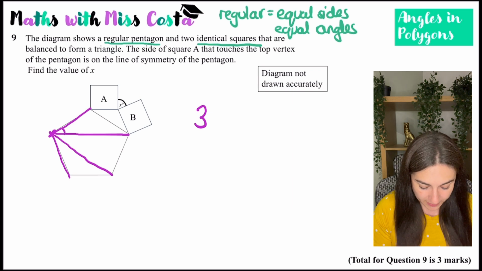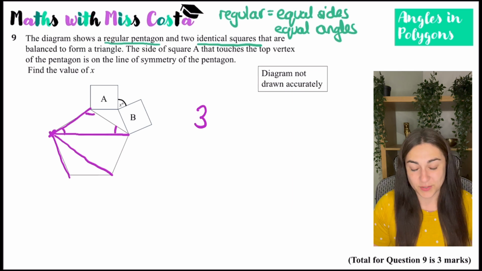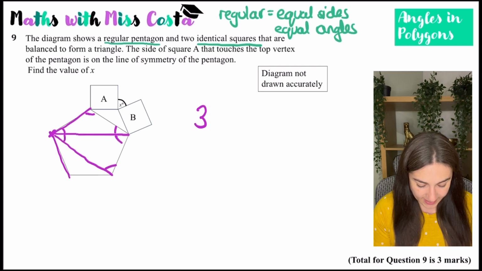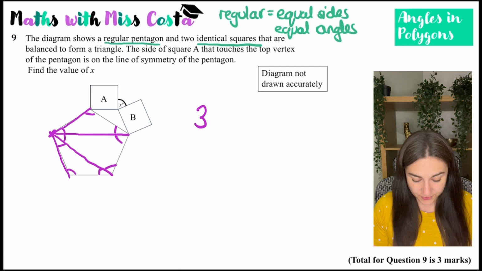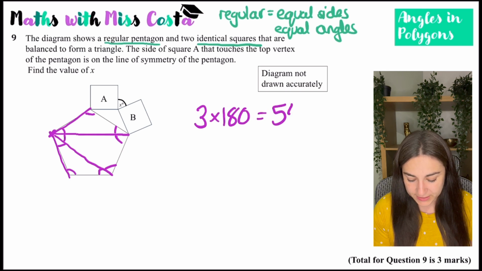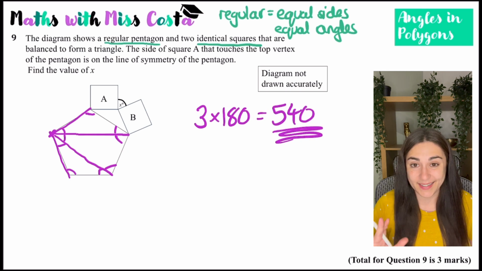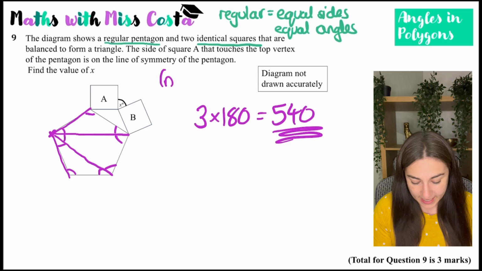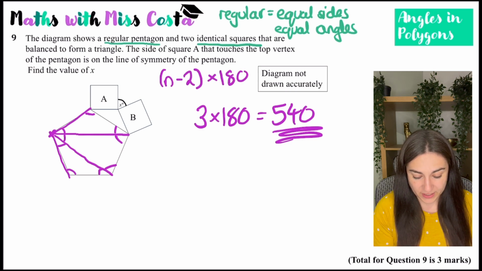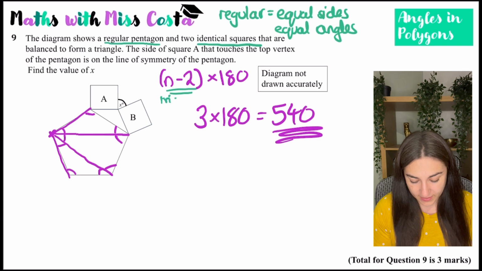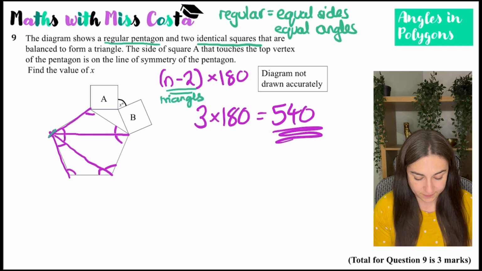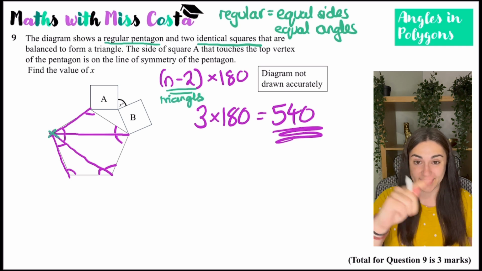And what do I know about triangles? I know that their angles sum to 180. So each of these little triangles is going to sum to 180 each, and I've got 3 of them. So I do 3 times 180, which gives me 540. And this is the rule for any pentagon. However many sides there are, you take 2, because that tells you how many triangles there are. Okay, and this will work for absolutely anything if you use the rule I just told you. Start from one vertex and join them.